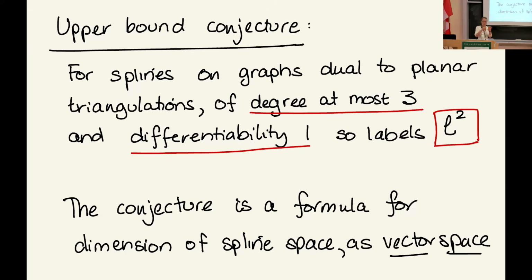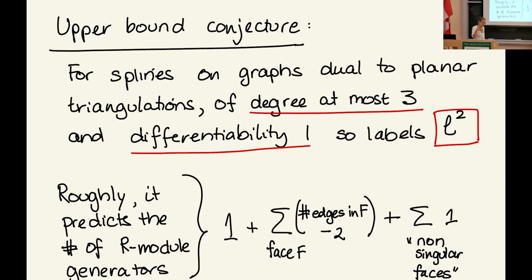So the labels are all going to be squares. The upper bound conjecture is a formula for the dimension of the spline space as a vector space. In a GKM setting, you can translate this formula through the dual graph mechanism into spline graphs, and it's roughly going to predict the number of R-module generators.